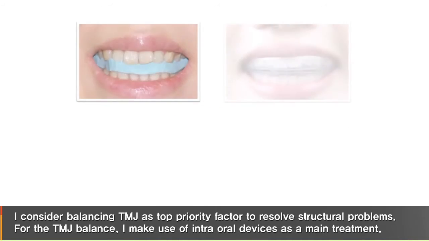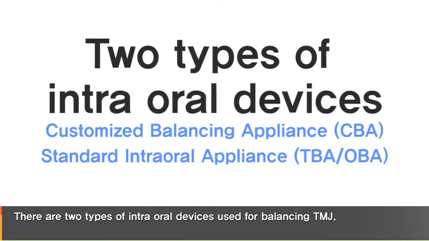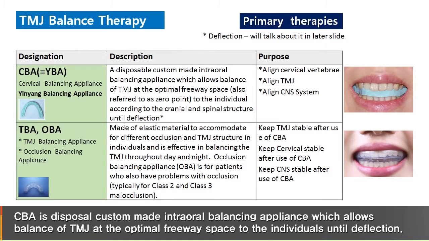For the TMJ balance, I make use of intraoral devices as a main treatment. There are two types of intraoral devices used for balancing the TMJ. CBA is a disposable custom-made intraoral balancing appliance which allows balance of the TMJ at the optimal freeway space to the individual until deflection.